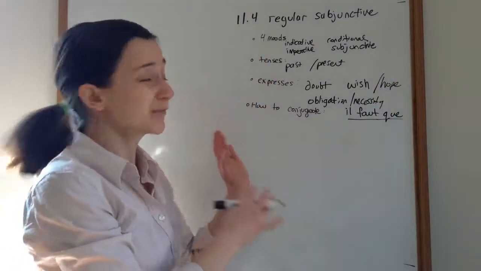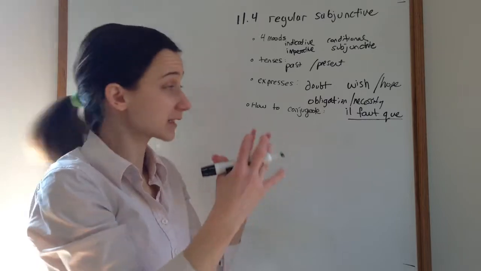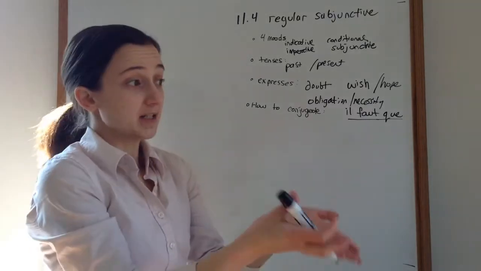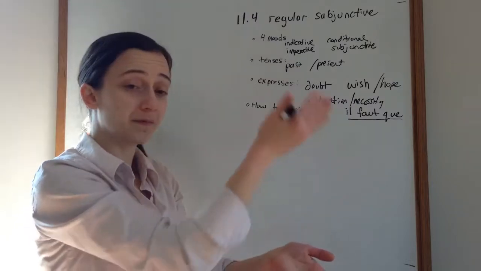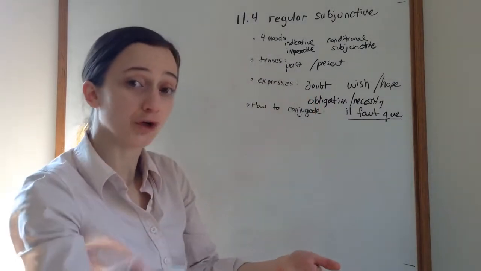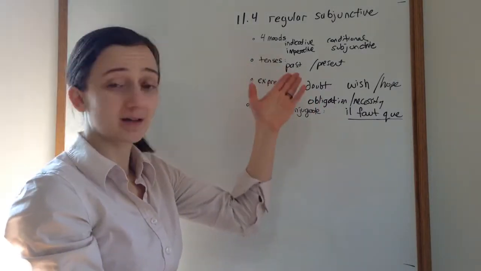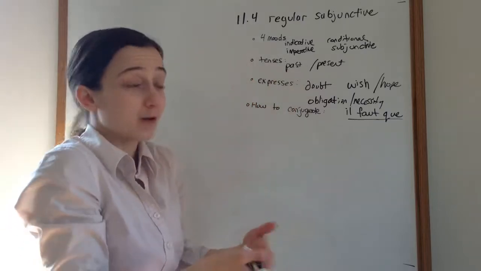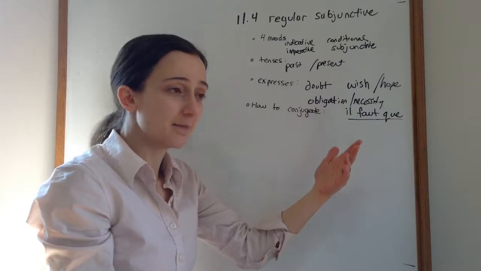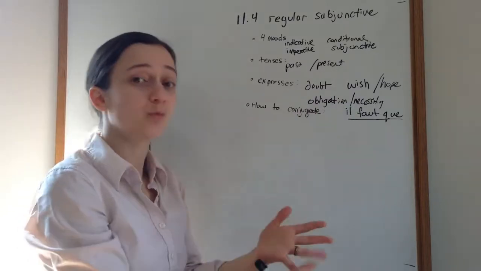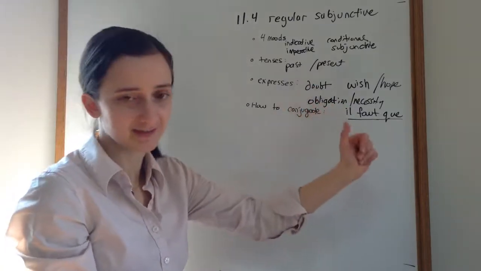So you'll see that it doesn't really fit into the indicative because that's more about facts. The condition is more based on a condition that would happen. If this was true, then I would do something. And imperative are commands. So there has to be another mood. There has to be the subjunctive so that we are able to express doubt, wishes, hopes, obligation, necessity.